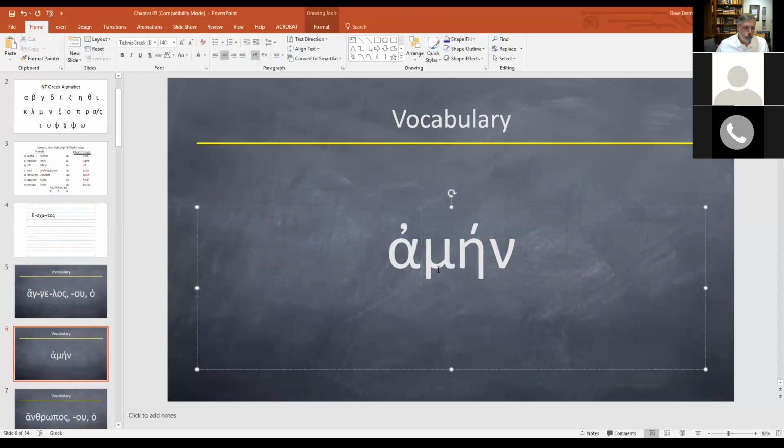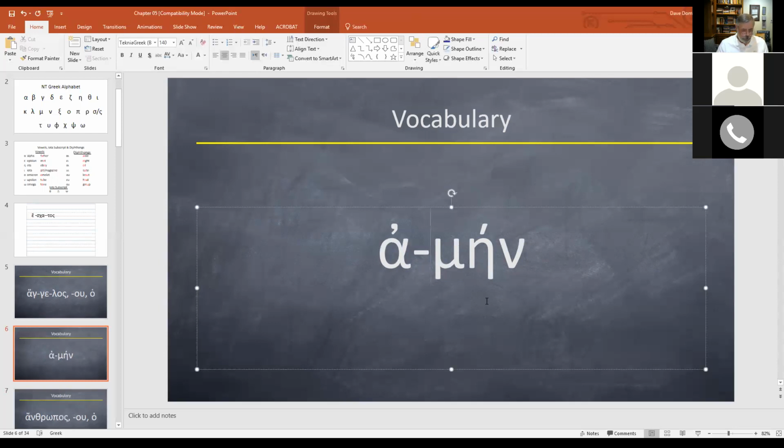So let's pronounce this one. This is very common. This would be pronounced amen. We say it oftentimes at the end of a prayer. In Greek, it really means truly or surely.